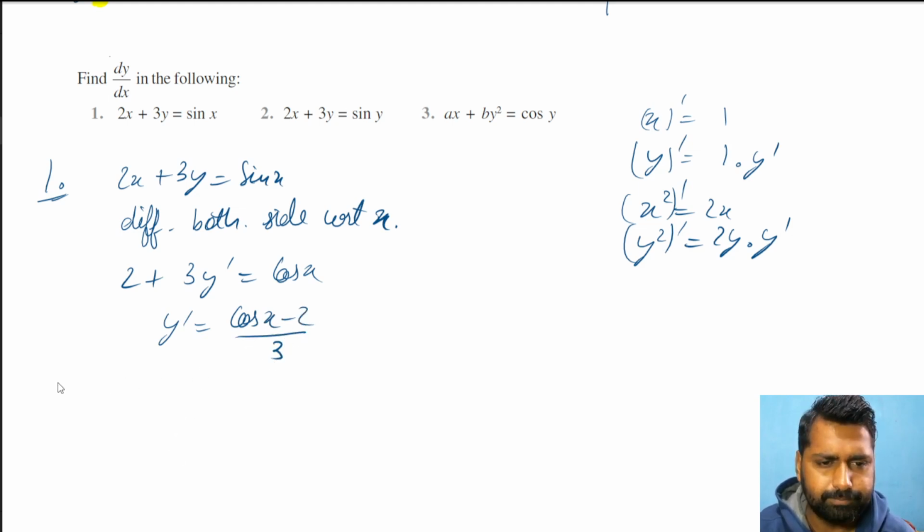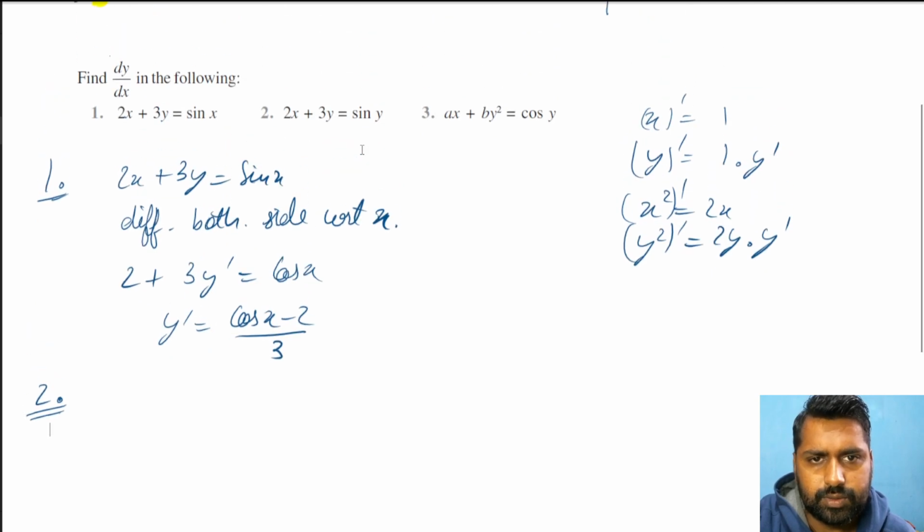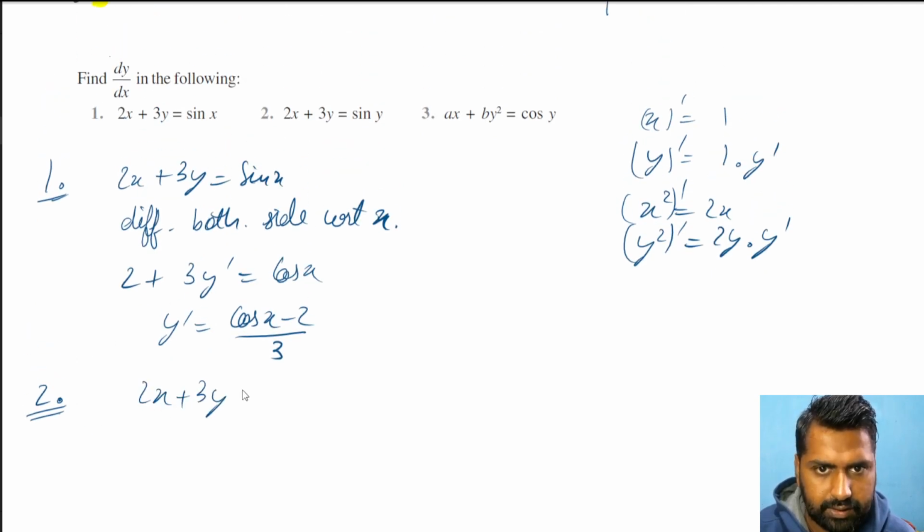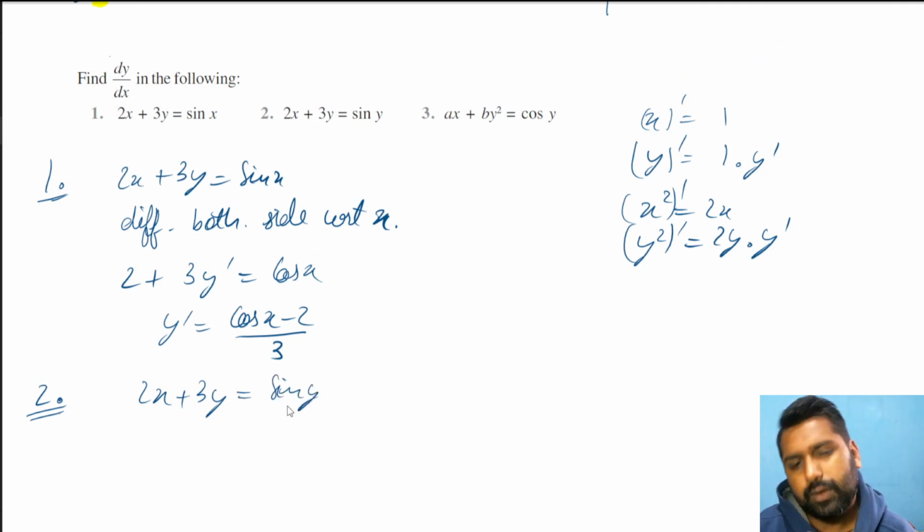It's a simple question. To get you through the fundamentals, these questions are very easy as such. Let's look at the next question. This time it is 2x plus 3y is equal to sine y. For the first question you can think that we can generate y as a function of x and then differentiate, but here y is present in the algebra and also inside the trig, so you cannot generate y equal to something.